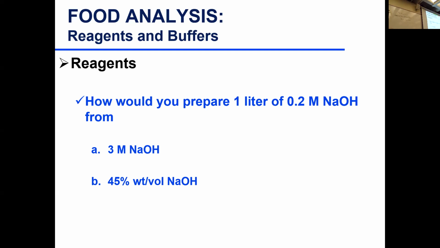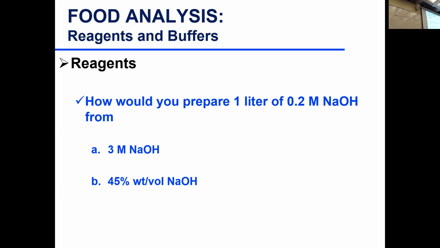You want to get the molarity of the stock solution. So what you need is the molecular weight of NaOH. So sodium is 23, oxygen is 16, hydrogen is 1. This is 40 grams per mole, the molecular weight.